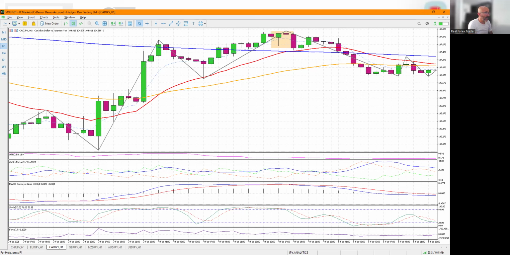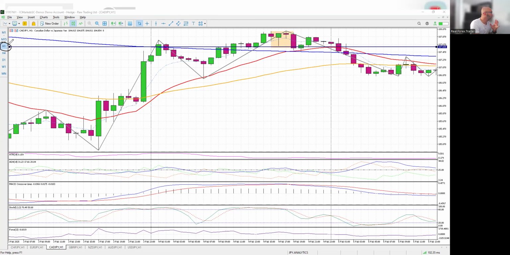For instance, what is the entry point in this very case? Once we wait till the hanging man has formed and confirmed, I am checking my 1 hour time frame, right? This is the time frame that I usually use. I usually use 15 minutes and 1 hour.